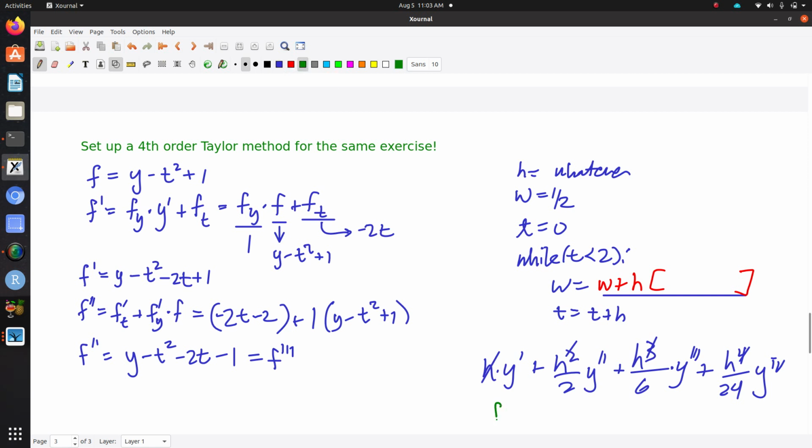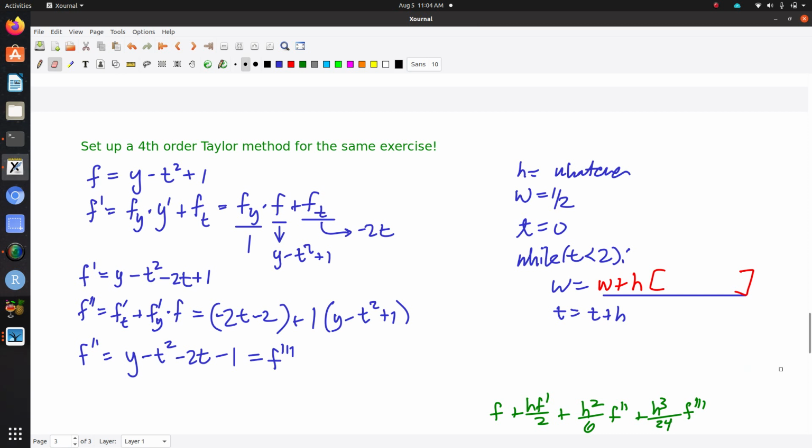So this is just going to be f plus f prime over 2 plus h squared over 6 f double prime plus h cubed over 24, and then this is going to be f triple prime. Okay, so that's the piece. All that stuff is going to get squeezed into this region over here.